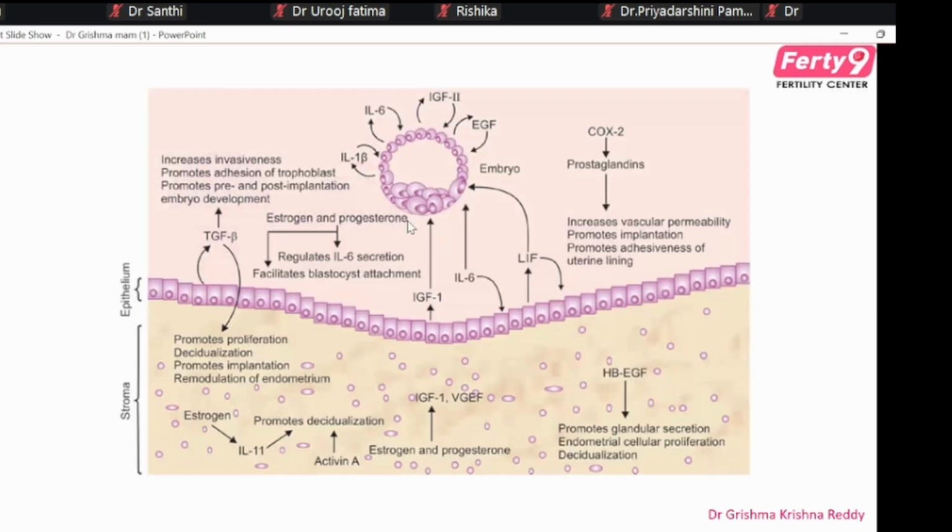So the embryo will secrete certain things, and then the endometrium will secrete certain things along with ovarian hormones. So all these help in the attachment, like the implantation process.